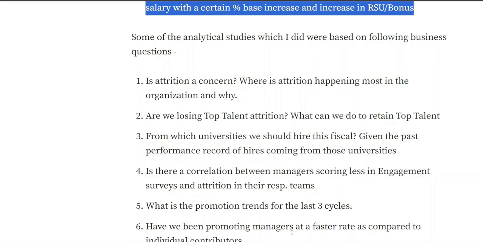So it is not about only doing the analysis, but also presenting the analysis in such a way that stakeholders can really understand. So some of the questions I'm going to quickly walk you through is, are we losing top talent?